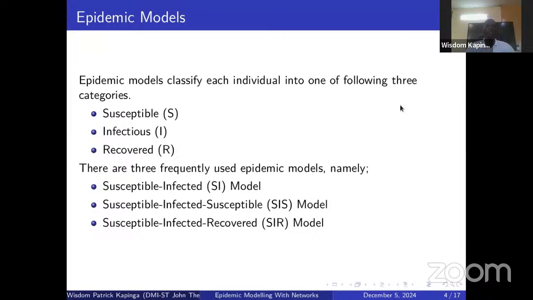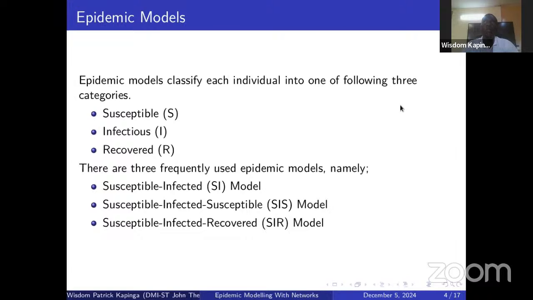Now, to begin with, we are looking at epidemic models. We have already defined what an epidemic model is, but to understand the whole idea of epidemic modeling, we need to understand that these models classify every individual into one of three categories. The first category is susceptible.